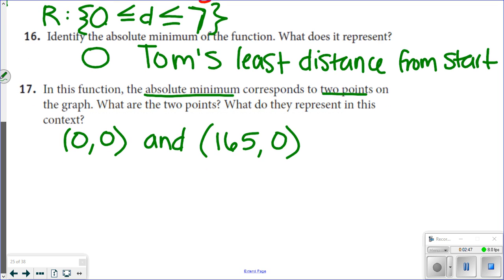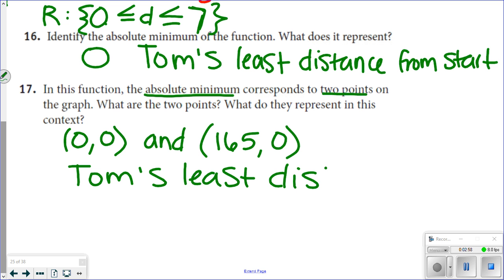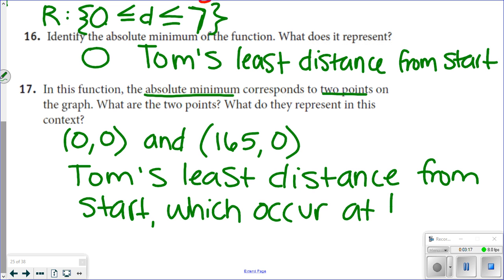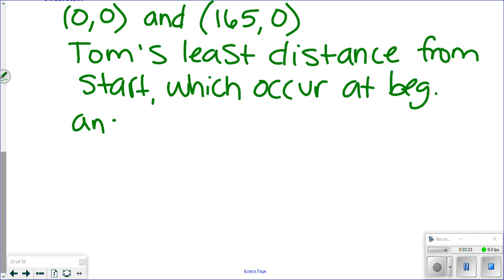And what do they represent in this context? They represent Tom's lowest or least distance from the starting point, which occurs at the beginning and end of the hike.